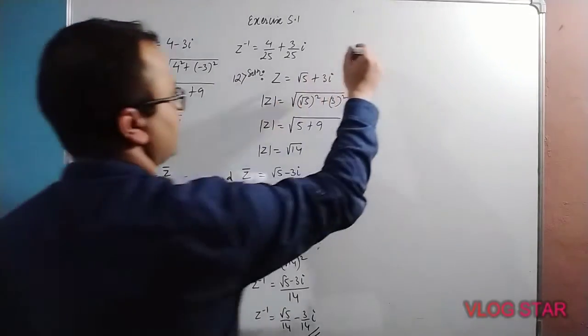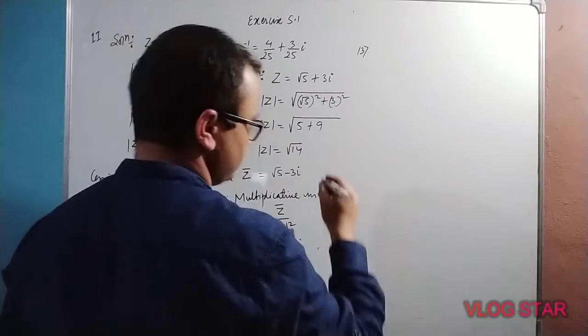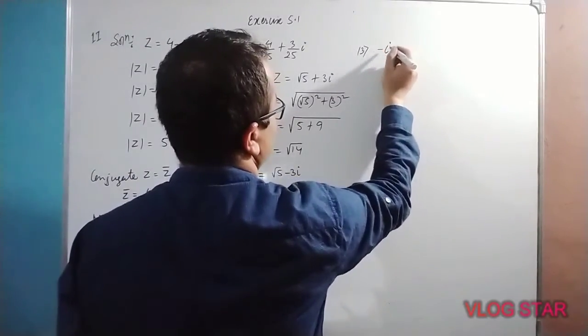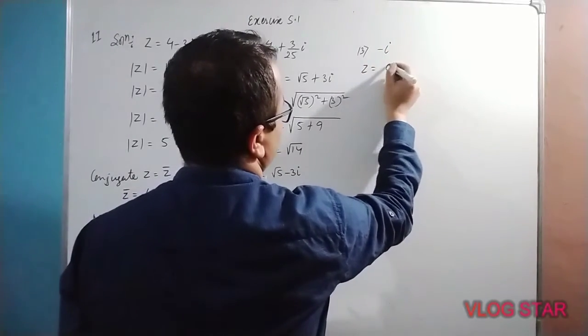Now question number 13 is minus i, so z equals 0 minus i.